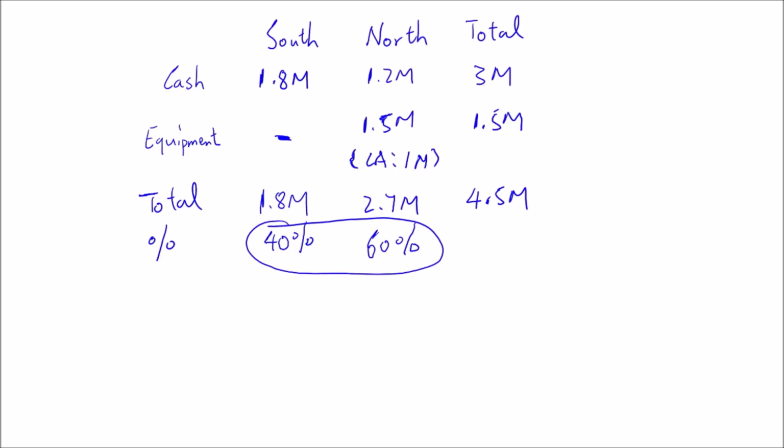This is very important information, because now you have two parties with different percentages of contribution. And remember, this question only requires you to prepare journals for one of the parties, and in particular, we want North Limited. And 60% is the information that we need. Okay, so that is the beginning of the question.